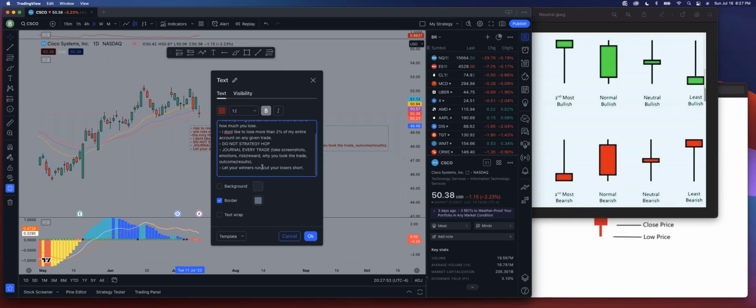The tendency with human emotions is that when you're up on a trade, you don't want to lose that profit. You're up $100 on a trade. You don't want to see it go back to zero and lose that money in your account. So your natural tendency is, I'll get out while the getting's good, right? I'll take my profit while the getting's good.